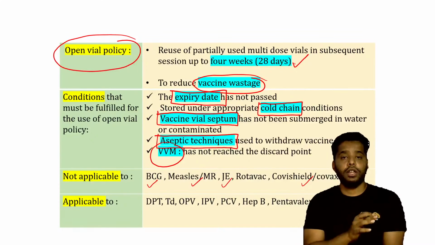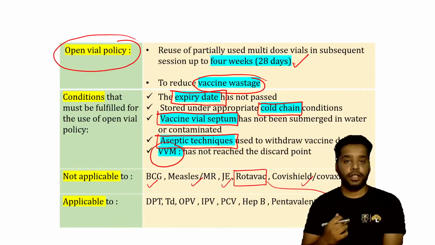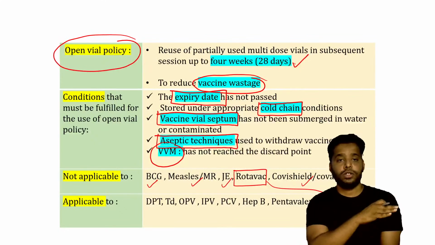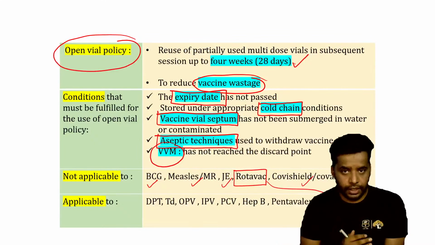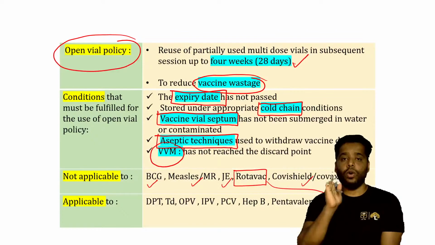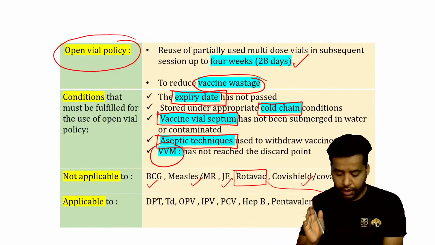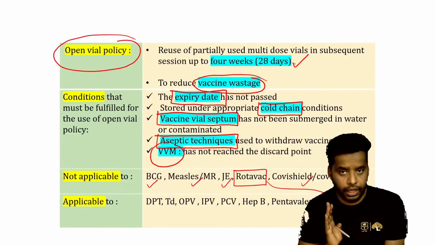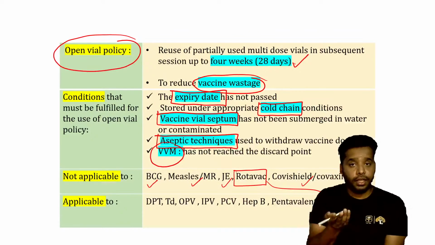For Rotavac, it was not applicable before, but now it is applicable. Rotavac can be used in the next sessions. Whatever the newer stock of Rotavac is coming, those vaccines can be used in the next sessions. So all the other vaccines other than BCG, MR, JE, or COVID related vaccines can be used in the next session.